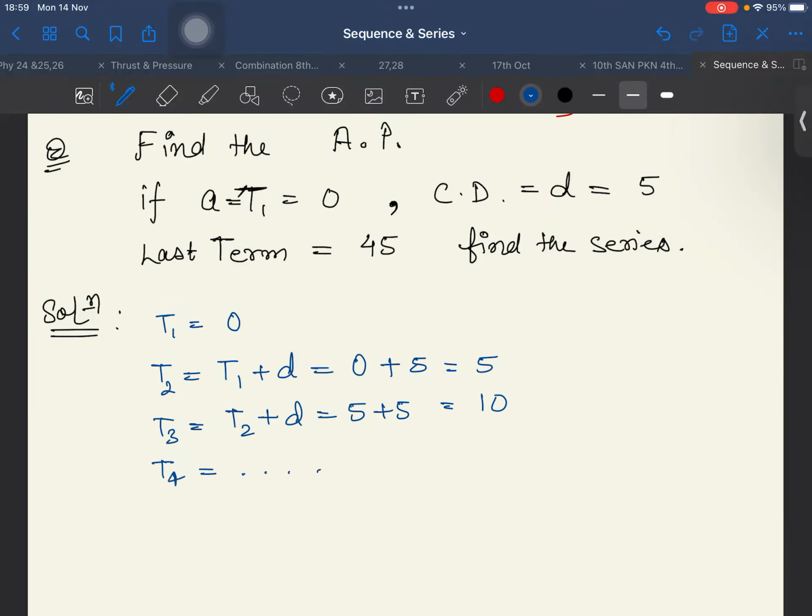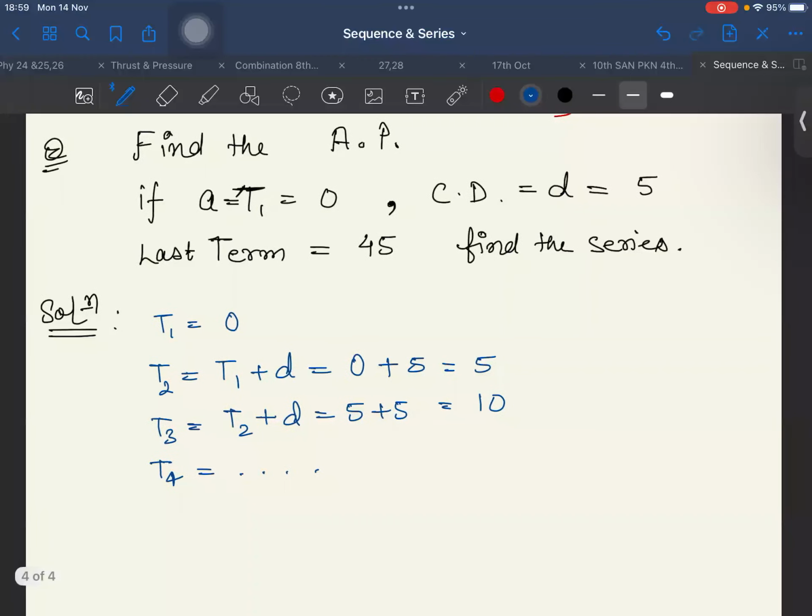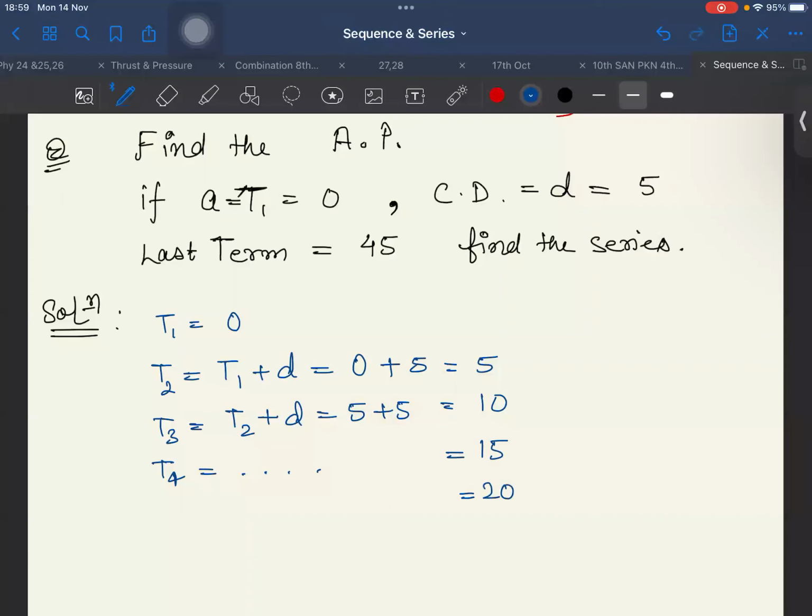So how many terms are there in total? 15, 20, 25, 30, 35, 40, and the last one is 45. How many terms are there? T4, T5, T6, T7, T8, T9, and T10.